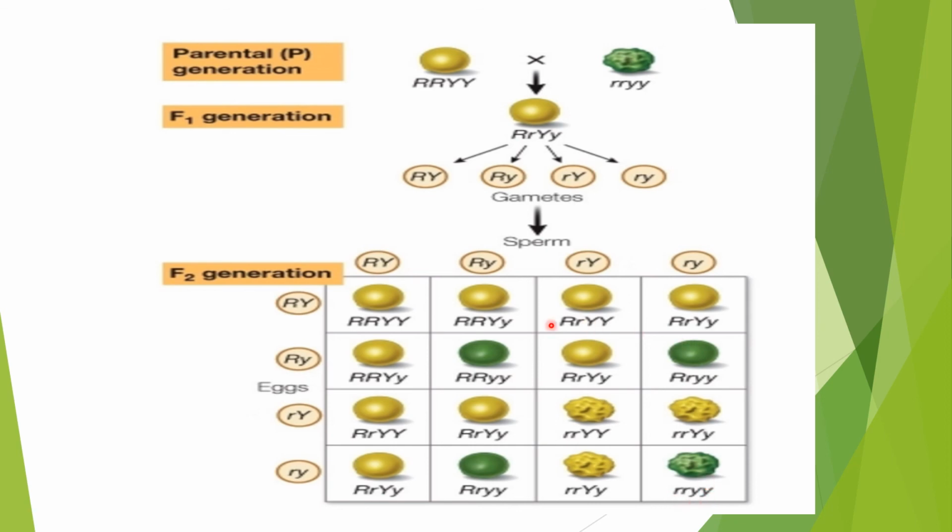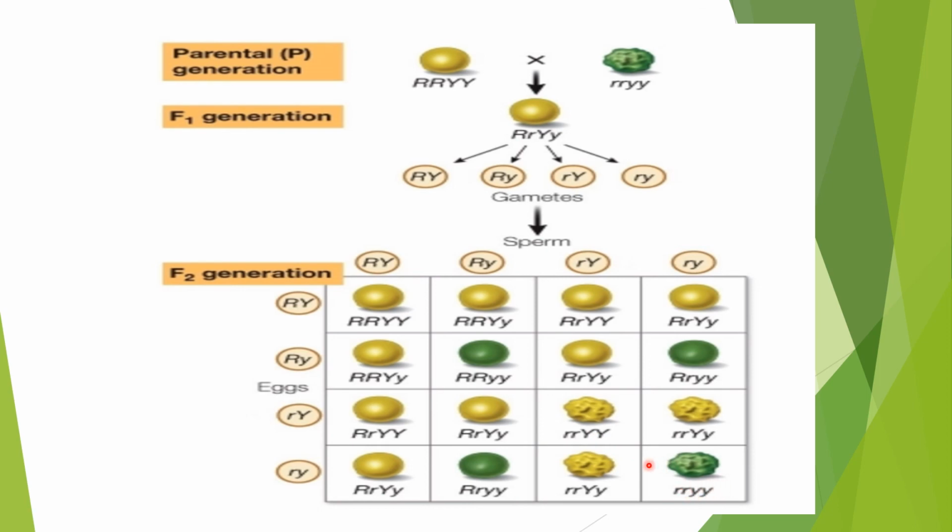So, at the end of crossing of this generation, we obtain 16 individuals. And out of 16 individuals, 9 of them have the characteristics round and yellow, 3 of them round and green, 3 of them wrinkled and yellow, and 1 wrinkled and green.